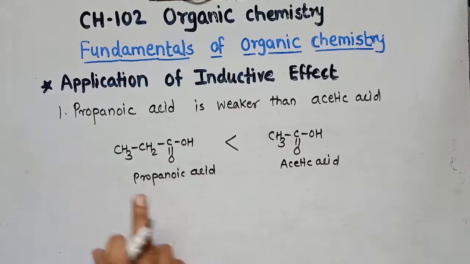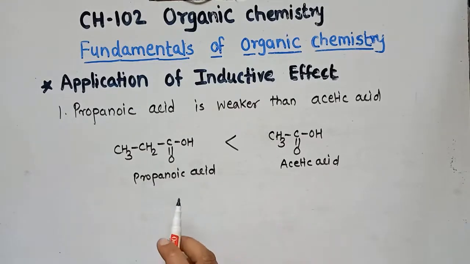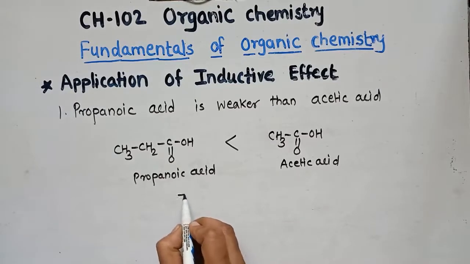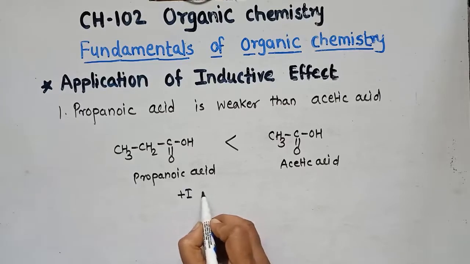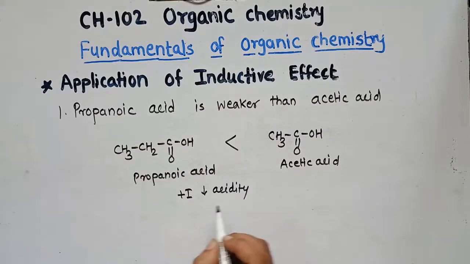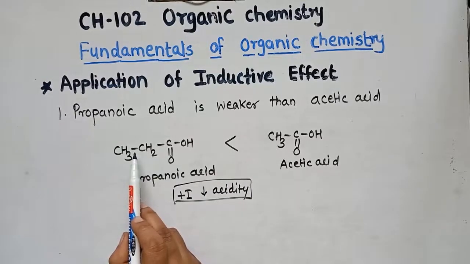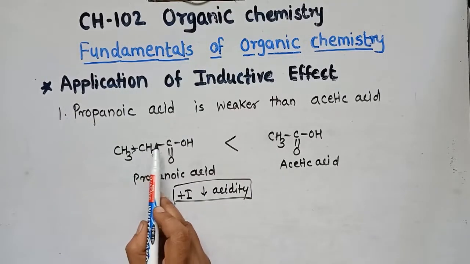So what is our question? Propanoic acid is weaker than acetic acid. Why? Because here the electron donating group decreases the acidity, meaning the plus I effect decreases the acidity. This is our point.